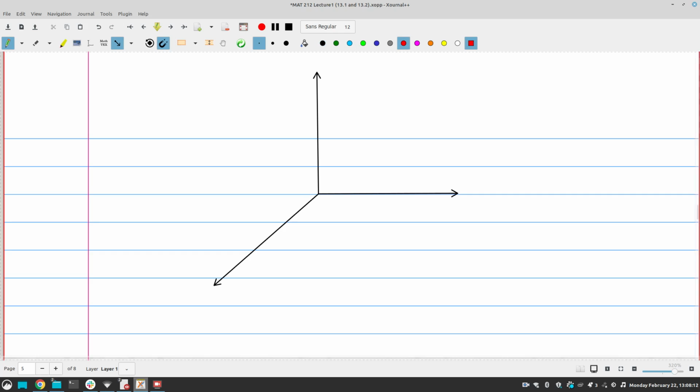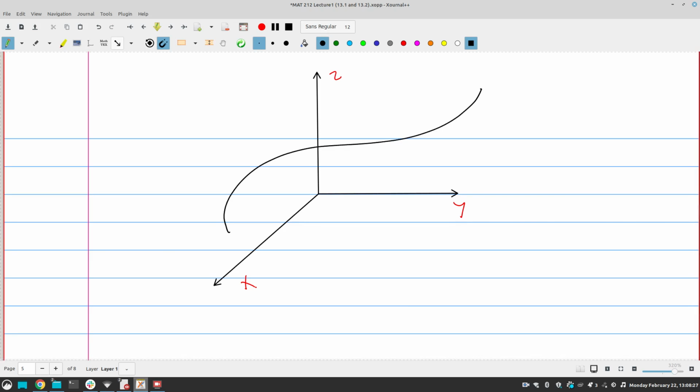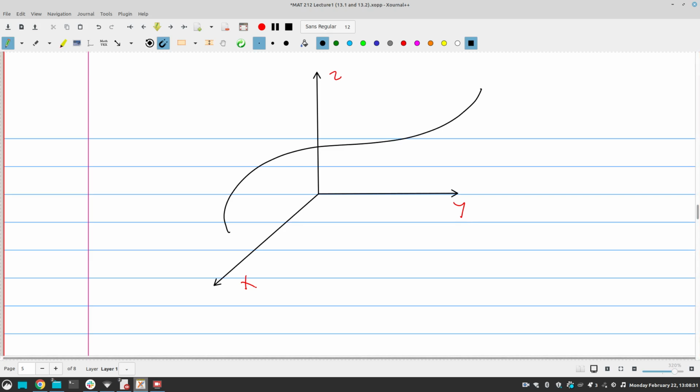So this is the Z-axis, X-axis, Y-axis. So r prime of t, remember, is a tangent vector.